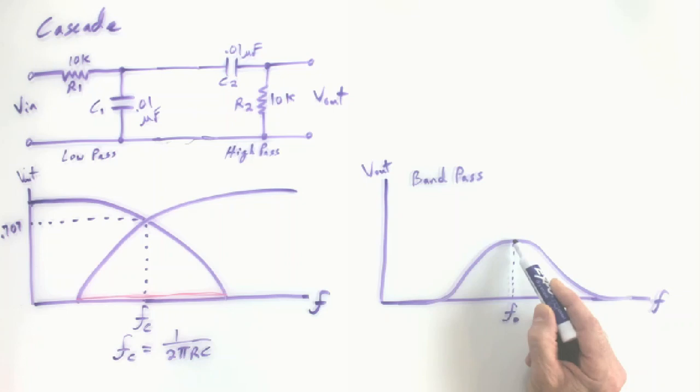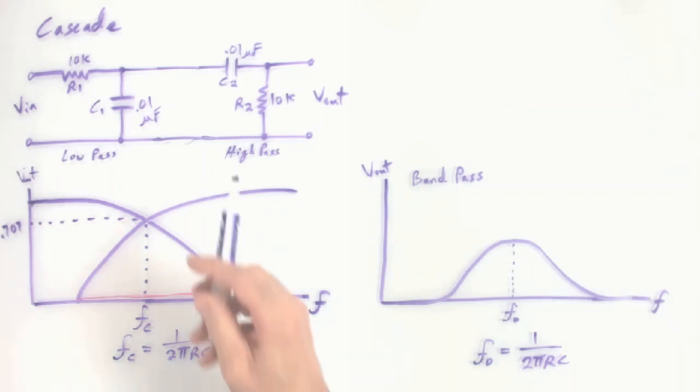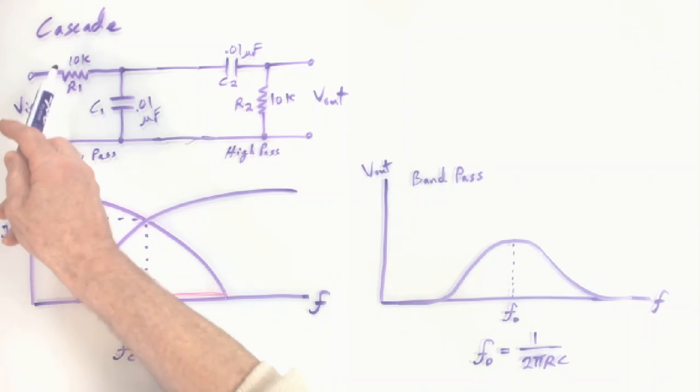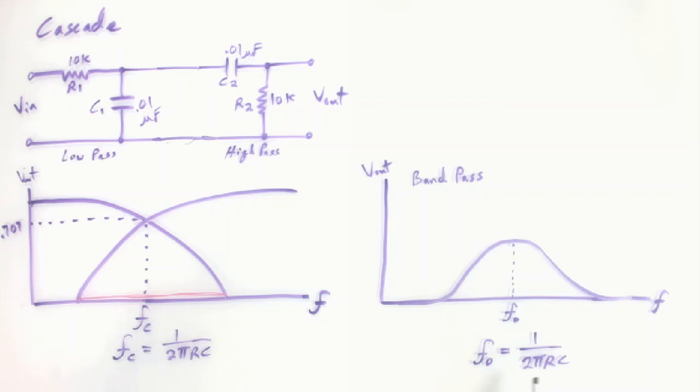It will be this point right here, your center frequency. So maybe not surprisingly, f sub o, the center frequency for a bandpass filter, is still 1 over 2 pi RC. Well, for this bandpass filter, because we've kept things very simple, we have made the component values identical for the low pass and high pass. That's why it is this easy as far as center frequency.